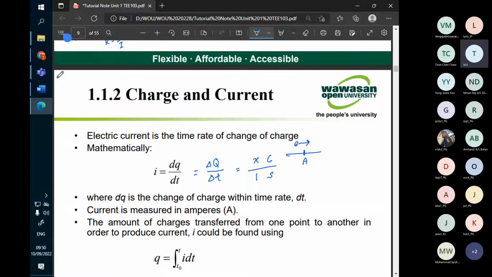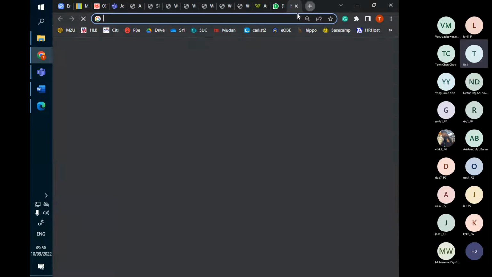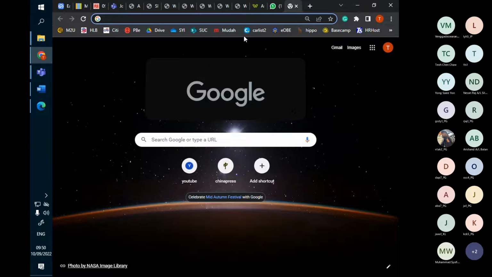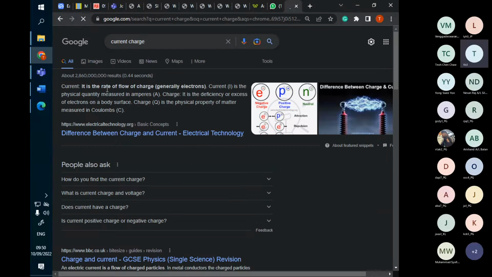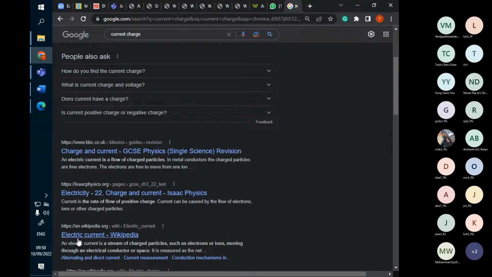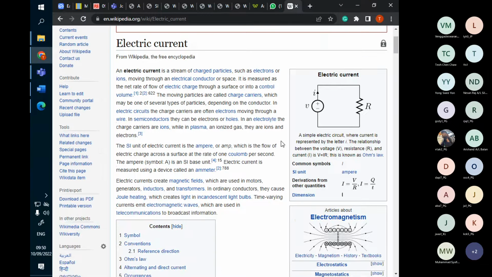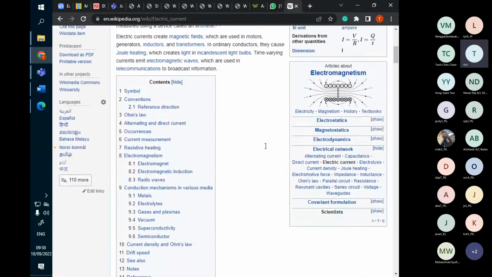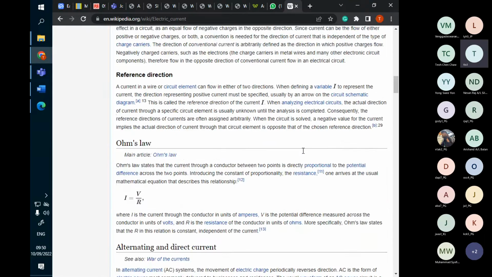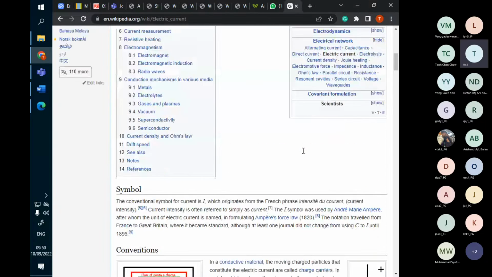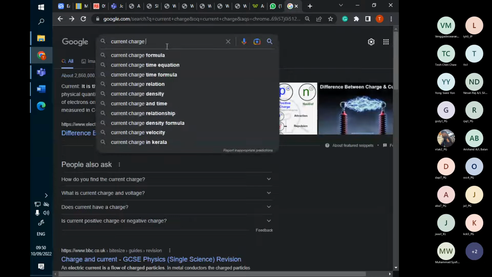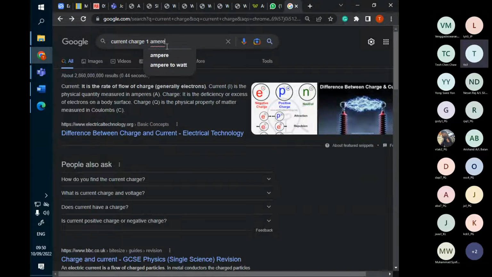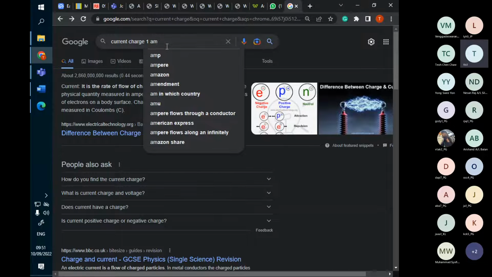If you want to find out the real definition, of course, you can always go to Wikipedia. Wikipedia provides the definition of 1 ampere, which people always pronounce as 1 amp.